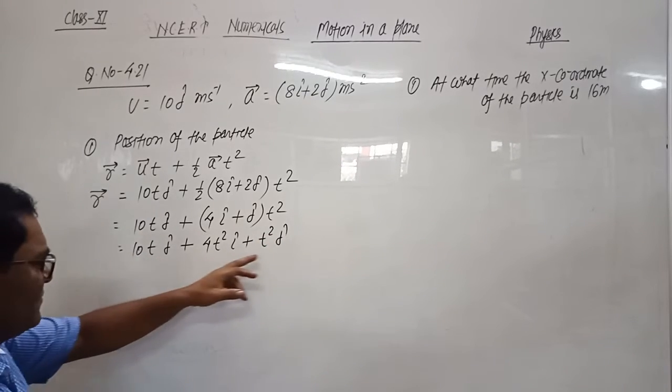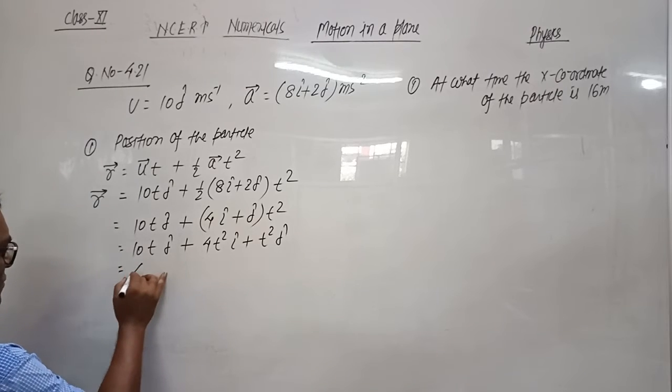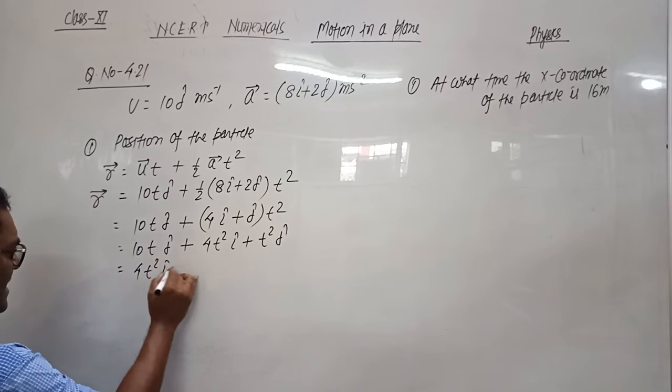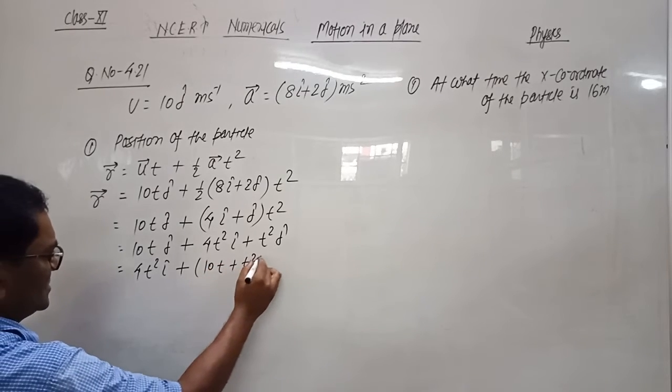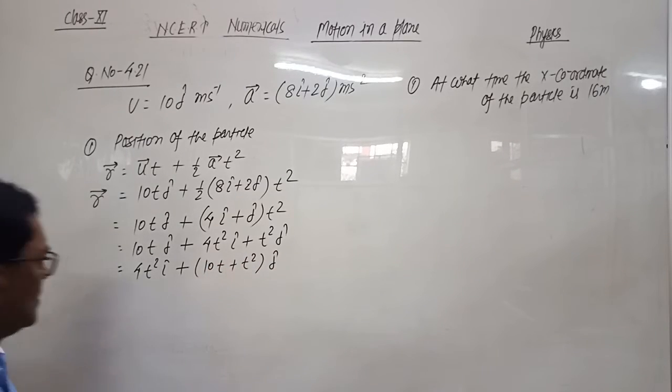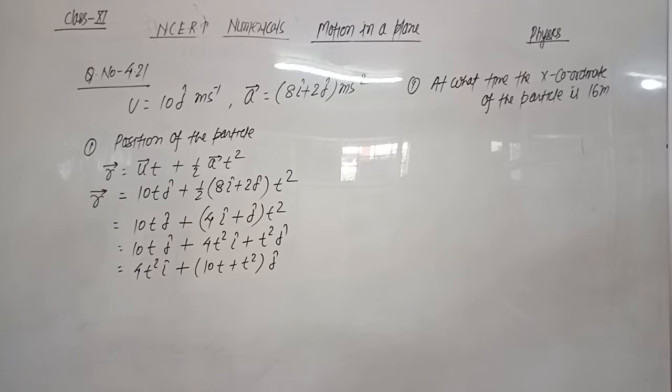From j cap we take common: 4t square i cap plus (10t plus t square) j cap.